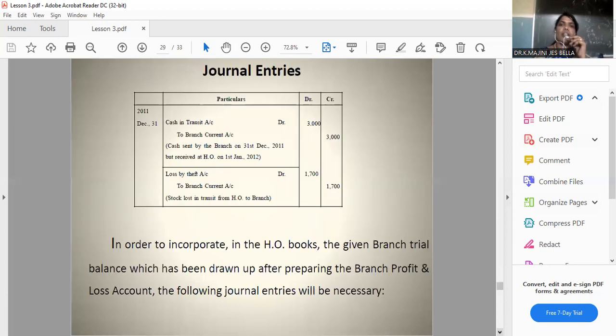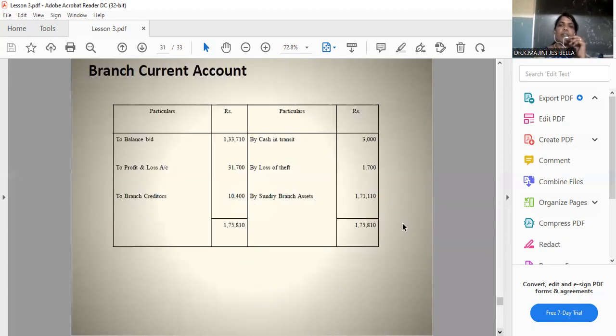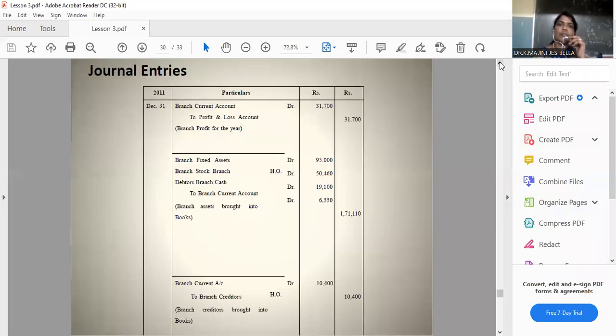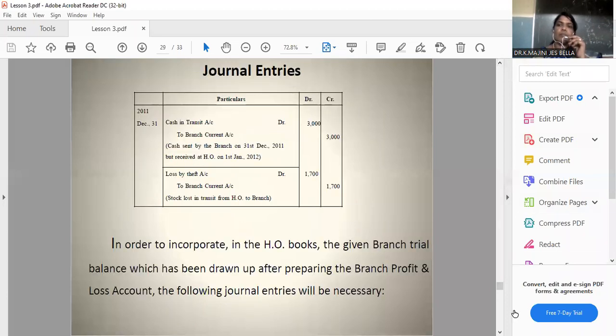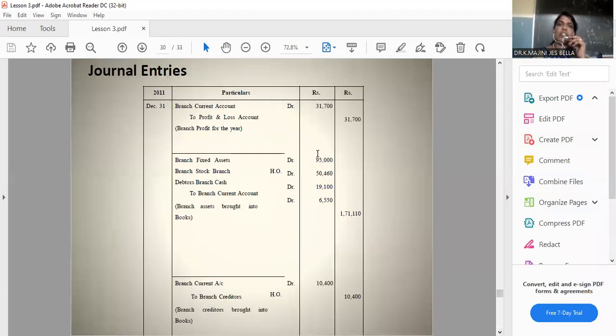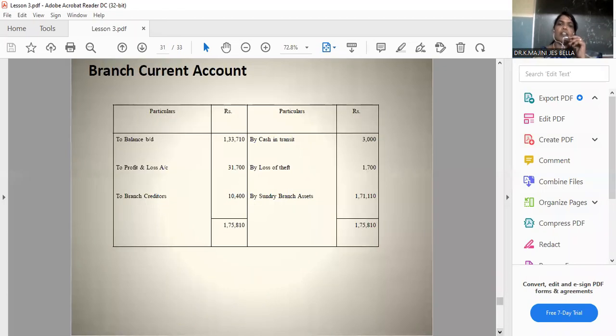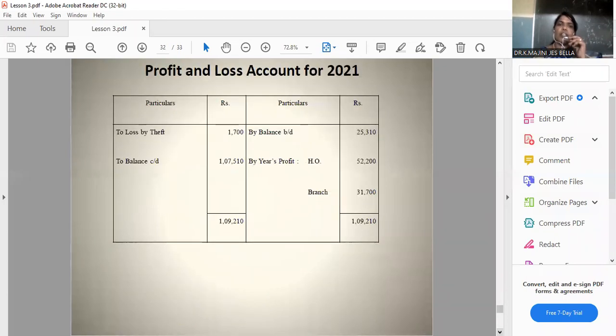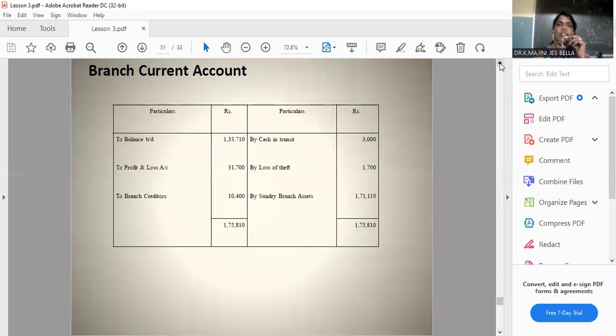You have to write it here, 1,33,710. Then profit and loss account, how much? 31,700, right? We write it here, 31,700. Then branch creditors 10,400. You have to write it here, 10,400.